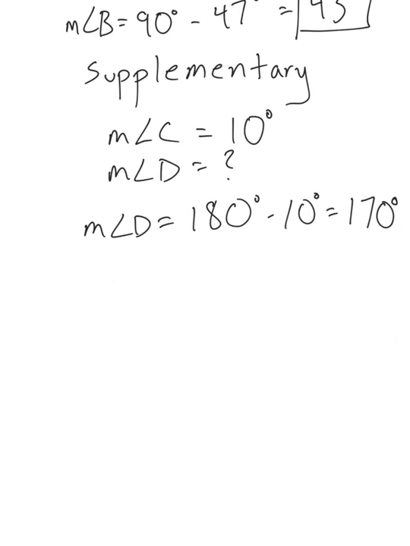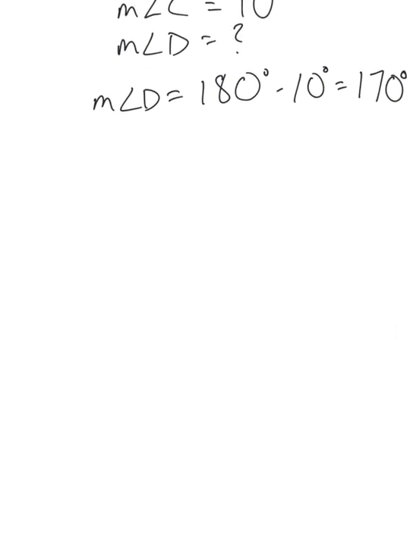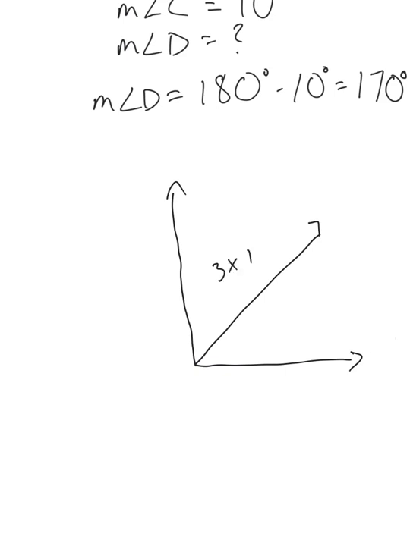One last example here. What if we were given variables, right? Let's say we have a right angle. This is a right angle. And here, one angle is, let's say, 3x plus 4. I'll call this A, B, C, and D. And the other one is 2x minus 14.